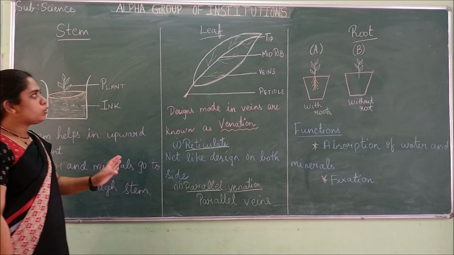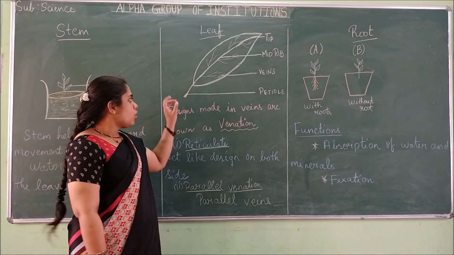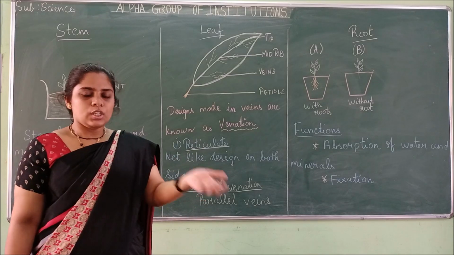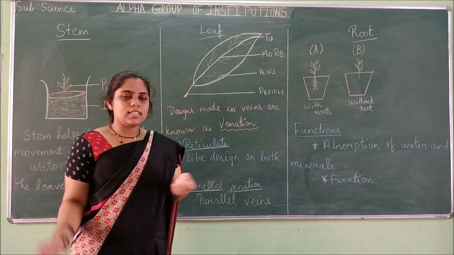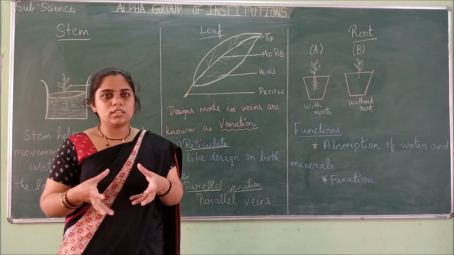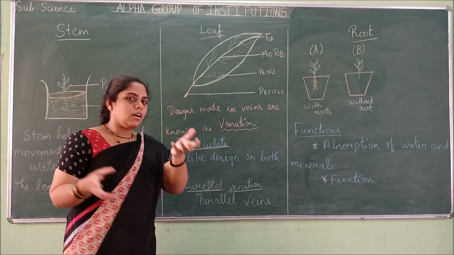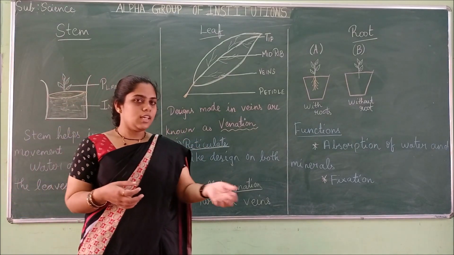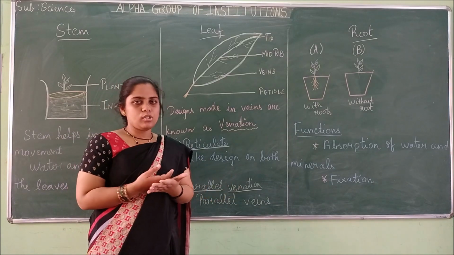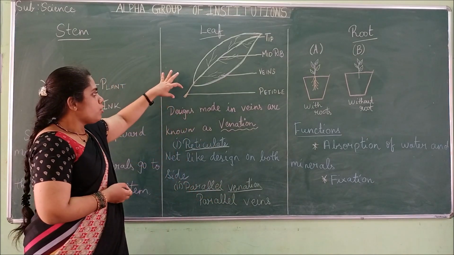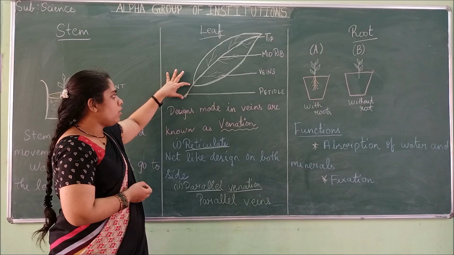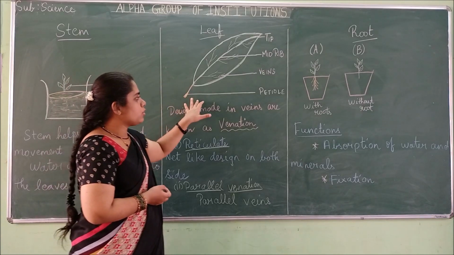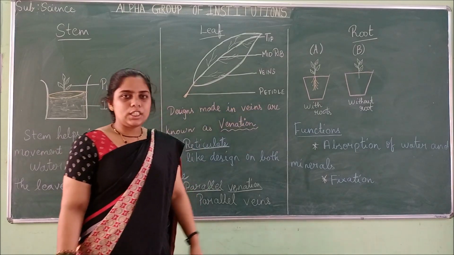Next we will move on to the leaves. So this is a leaf. You would have seen leaves, and sometimes plucked and played with them. If you get a chance to take a leaf, take a close look at it. Usually a small branch-like part is present, which is called the petiole.